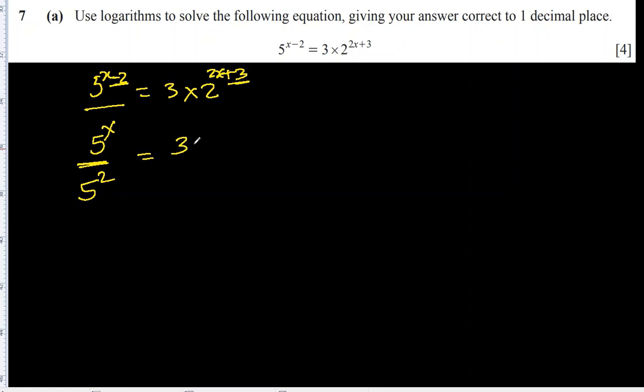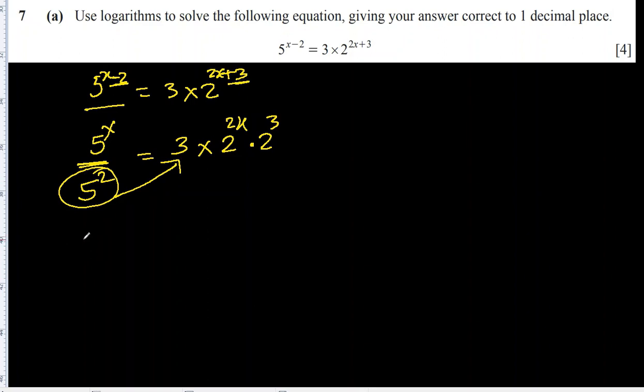Similarly here, 3 times 2 to the power 2x multiplied by 2 to the power 3. Because they're adding, they multiply. Because they're subtracting, they divide. Okay, so it is 25. Let's bring this 25 here.